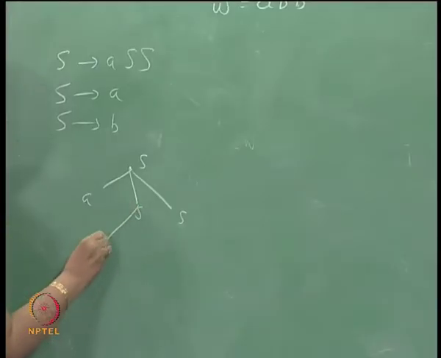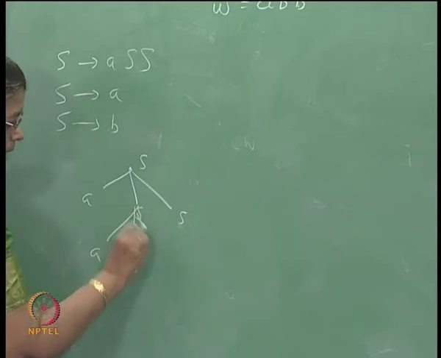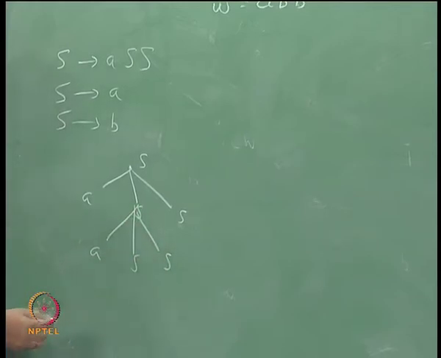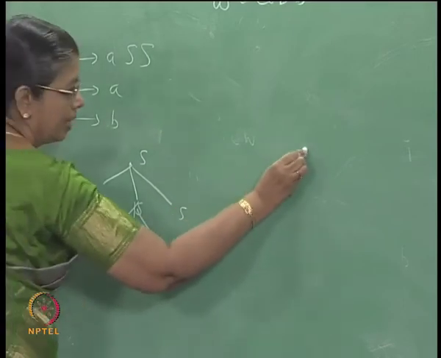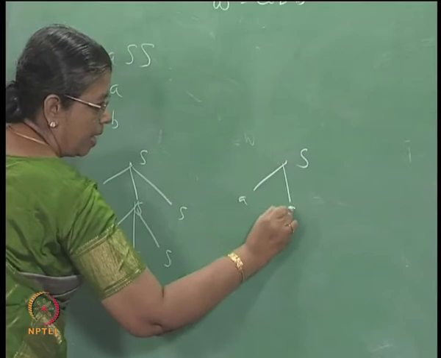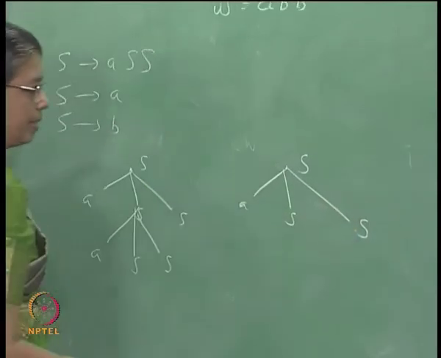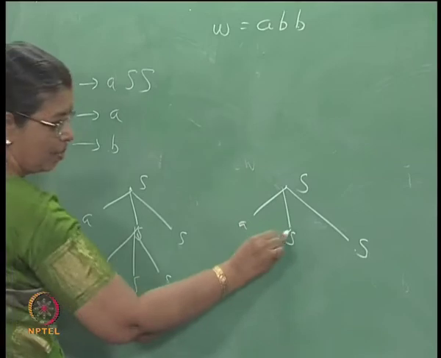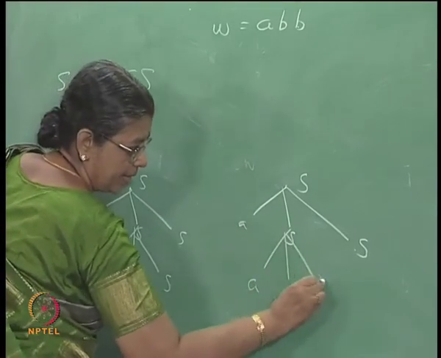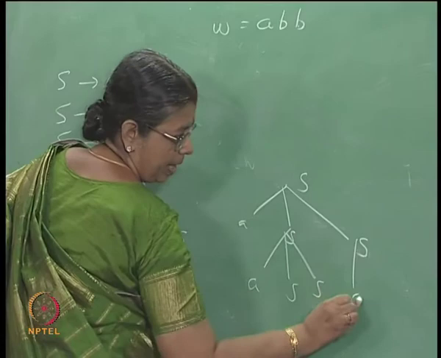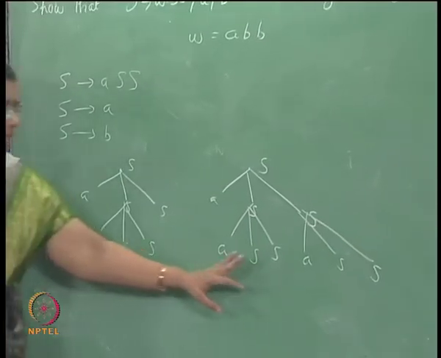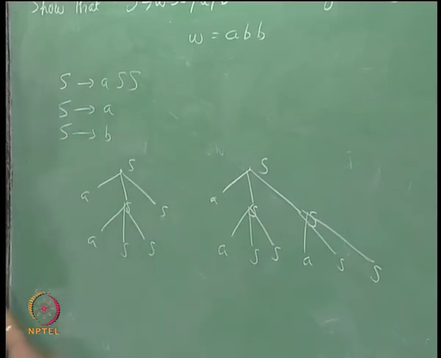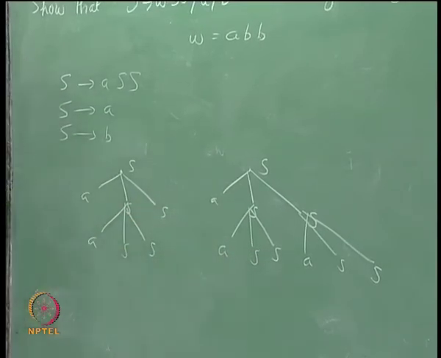ASS, then whatever you generate, another string S, A, S, S. Now, to generate this you will have another A, S, S in 2 different ways. You have to show A, S, S, right. Then these symbols can go to different symbols and so on. So, minimum length 7 you have to take, right.